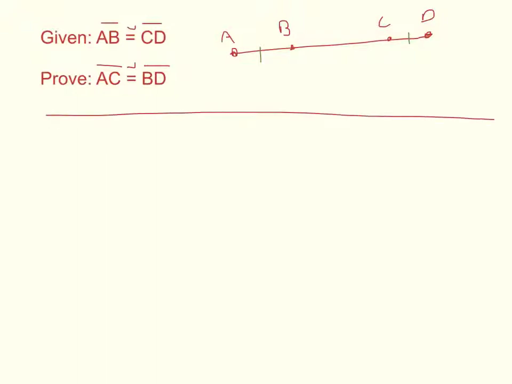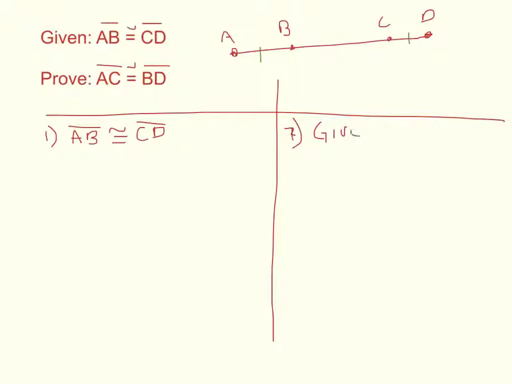So we have our two-column proof, and just like any good proof, we're going to restate the given. So AB is congruent to CD, and the first reason is given. Now with this proof, we're dealing with congruency, and we can't just substitute in.